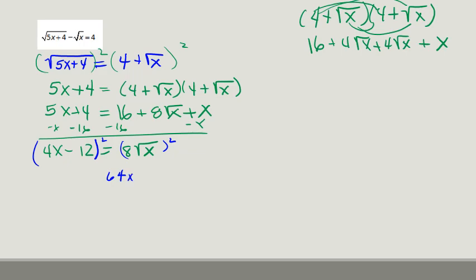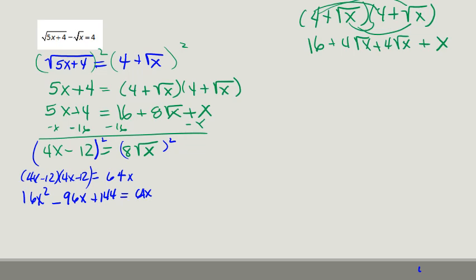And I lied, because when I square 4x minus 12, I've got to rewrite it as 4x minus 12 times 4x minus 12. So when I multiply all of that out, by now hopefully you know how to multiply all that out, I get 16x squared minus 96x plus 144 equals 64x.